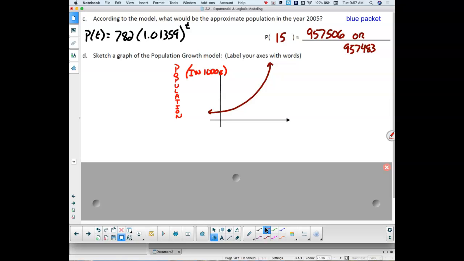Okay, so populations in thousands on my vertical, and then I probably want to throw a couple of numbers on there. Yeah. So right here would be 782 because I know that one.